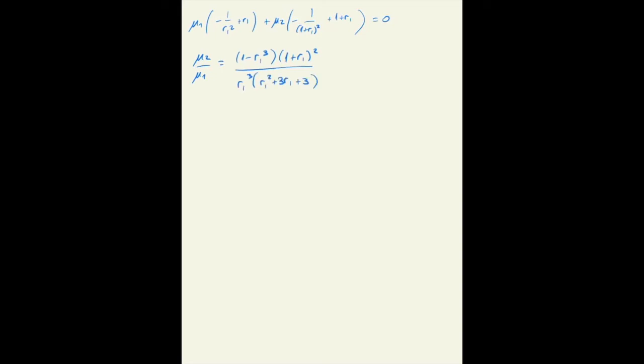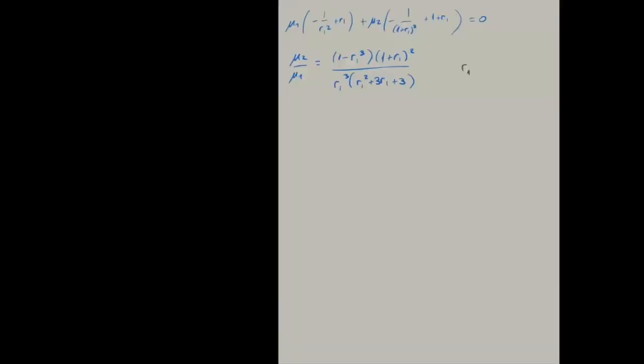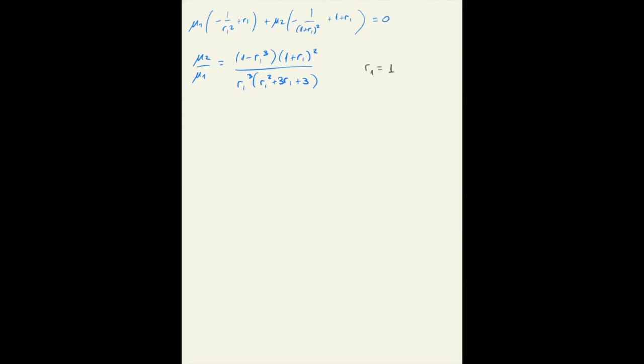Now let's substitute R1, which is the distance from the primary to the equilibrium point, as 1, the semi-major axis, plus beta, a quantity that we don't know yet. With the substitution, then mu2 over mu1 becomes beta squared times (1 minus (1 plus beta) cubed) over (1 plus beta) cubed times ((1 plus beta) squared plus 3 (1 plus beta) plus 3).